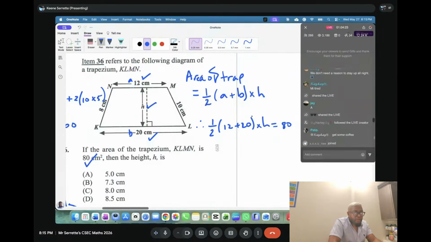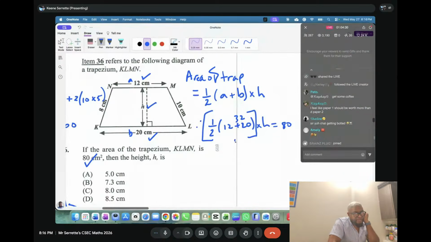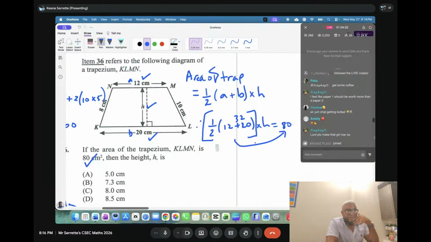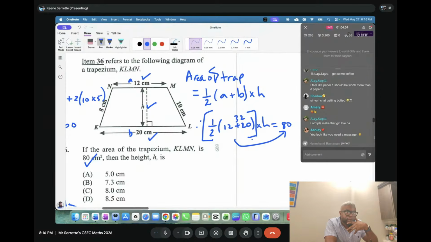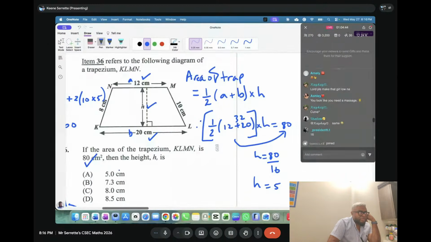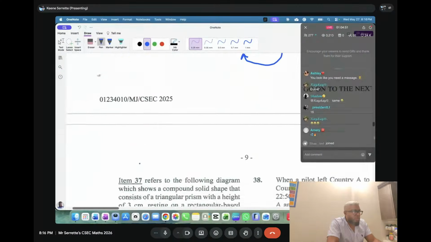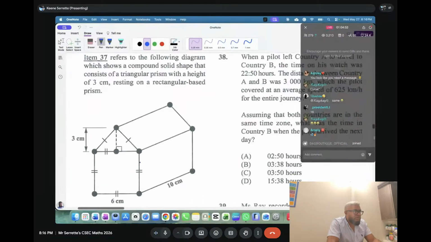A half of 32 is 16, so h will be equal to 80 divided by 16.